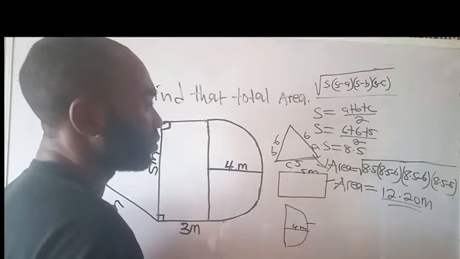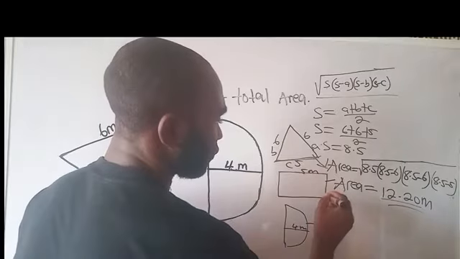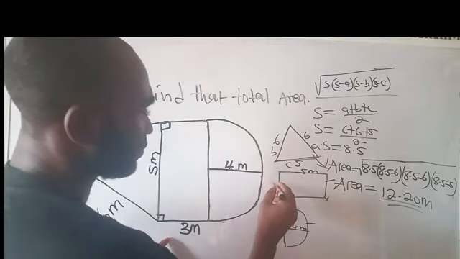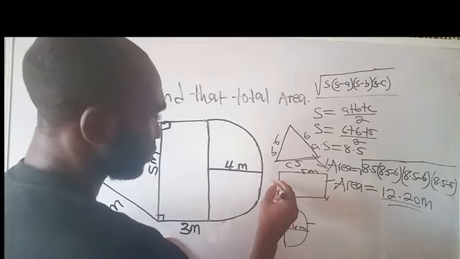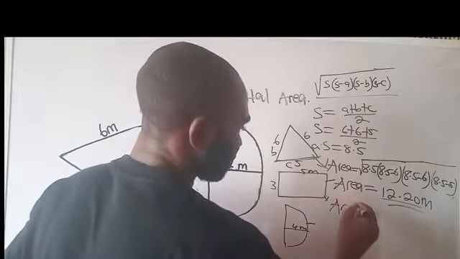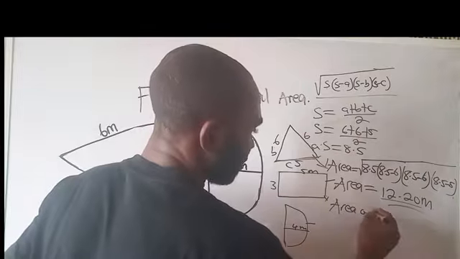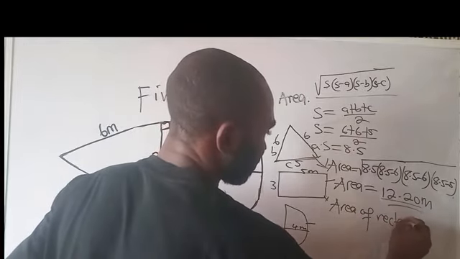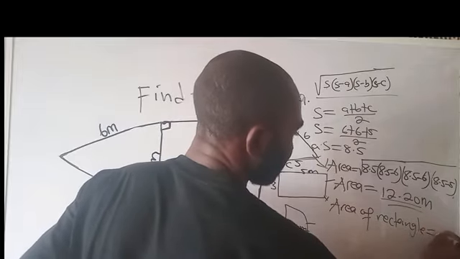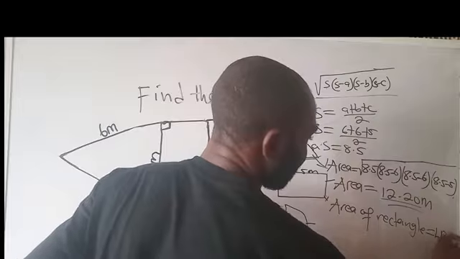When that is done, you now find the area of this rectangle. This rectangle has a breadth of 3 and a length of 5. The area of a rectangle is equal to length times breadth.